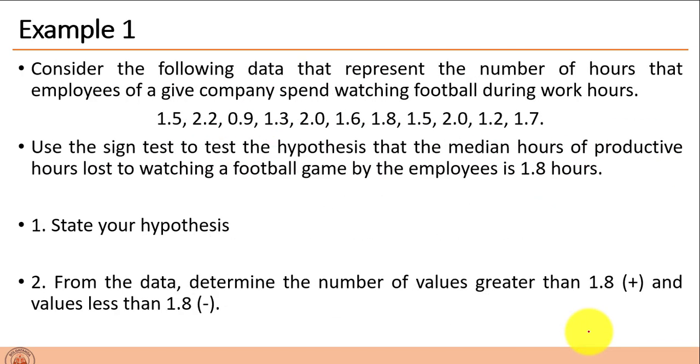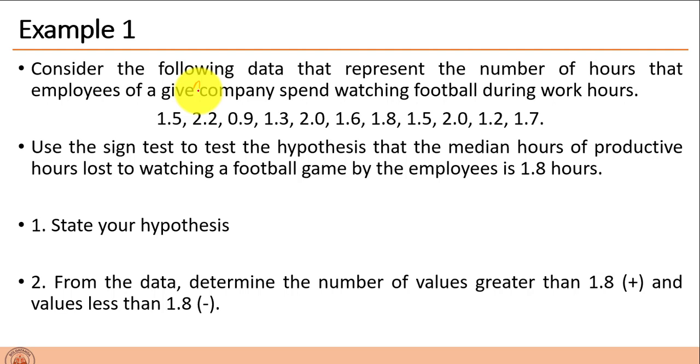Let's take an example. Consider the following data that represent the number of hours that employees of a given company spend watching football during working hours. So this is the data set that we have. We want to use the sign test to test the hypothesis that the median number of productive hours lost to watching a football game by the employees is 1.8 hours.